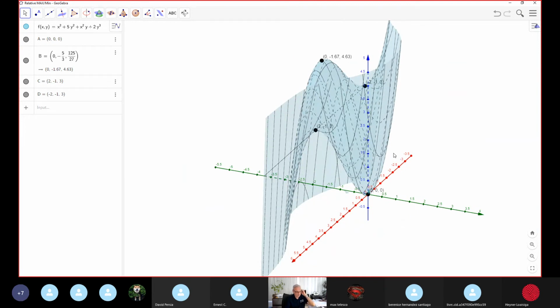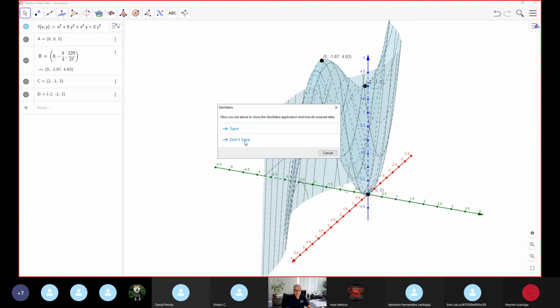Okay. That's it? No. Of course not. I have the same optimization problem, but with constraints. What do constraints mean?